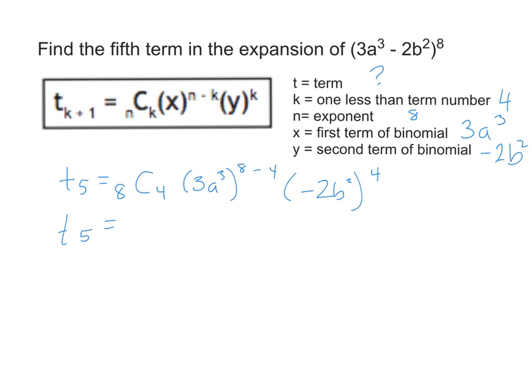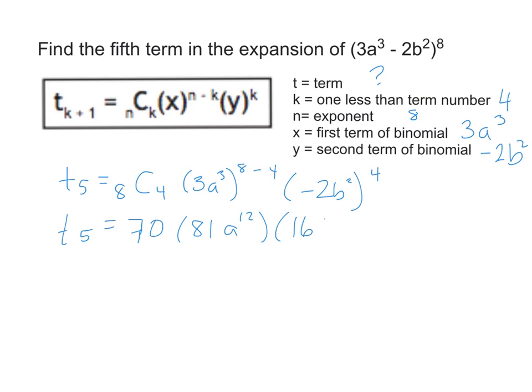8 choose 4 is 70. And then it's 3 to the power of 4, because 8 minus 4 is 4. 3 to the power of 4 is 81. A cubed to the power of 4 is a to the power of 12. And then negative 2 to the power of 4 is positive 16.